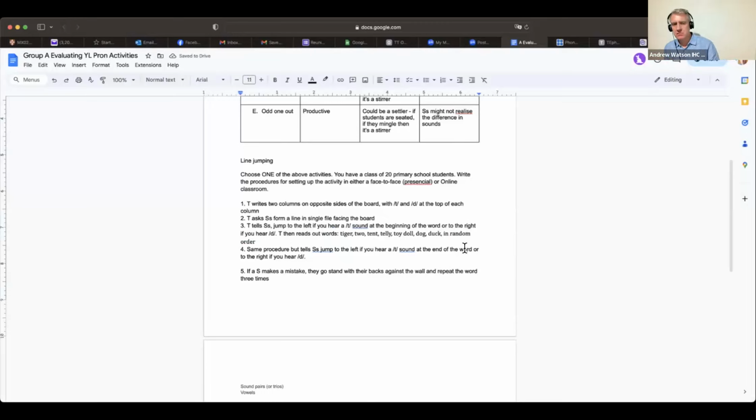Okay, number 4, could you read that one? Step number 4 is going to be the same procedure as step number 3, but in this case the teacher tells the students that the sound they are going to hear is at the end of the word. Okay, and if the student makes a mistake, they are out.